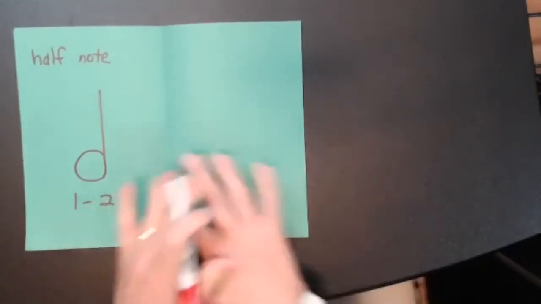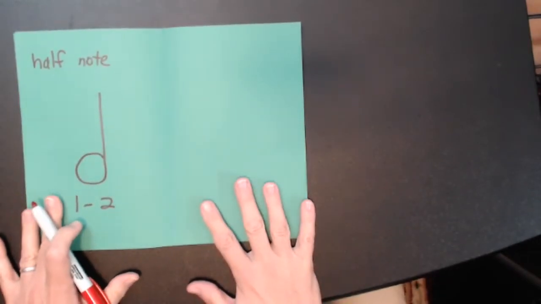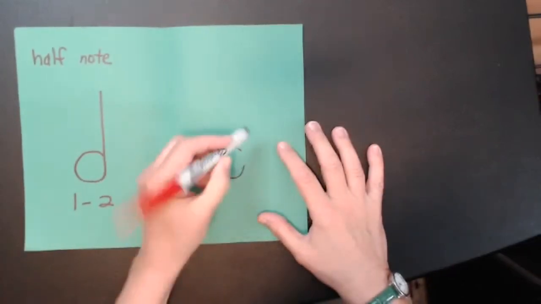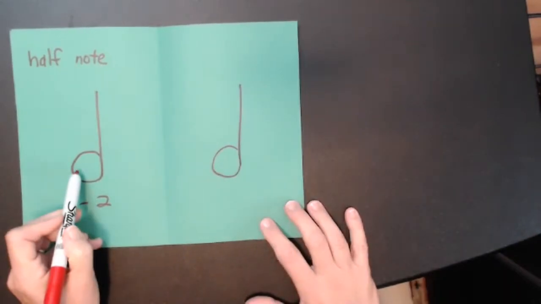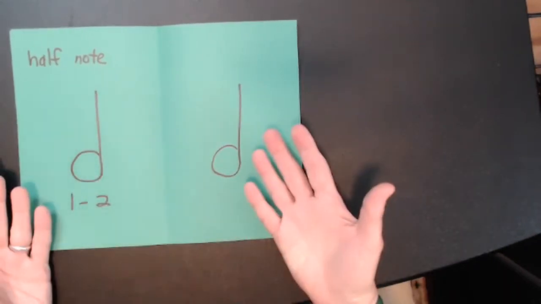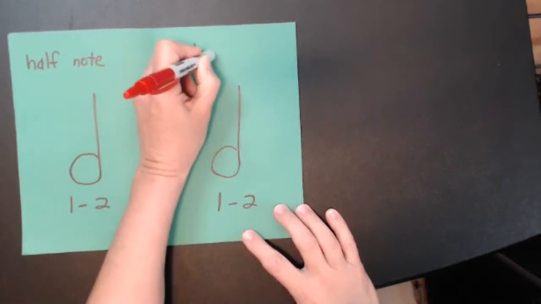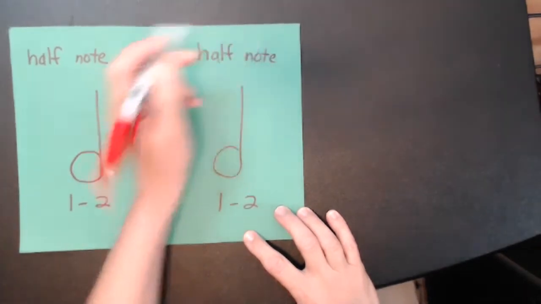Now remember, if our whole piece of paper, we're pretending that it has 4 beats, then we are going to need another half note to fill up our paper, because 2 plus 2 equals 4. So here we have 2 half notes.